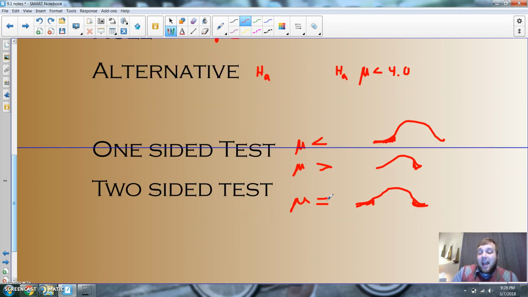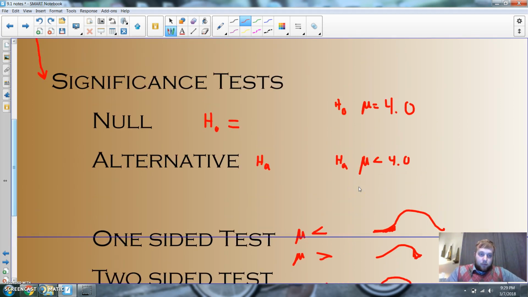So basically it's just saying, I don't care if it's below or above, I just think they're lying, so I think that they're not equal to. It's not equal to 4.0, right? And in my GPA case, they don't have a 4.0. That could be higher, could be lower, they're just lying to me. Okay? All right. That is hypothesis in a nutshell.